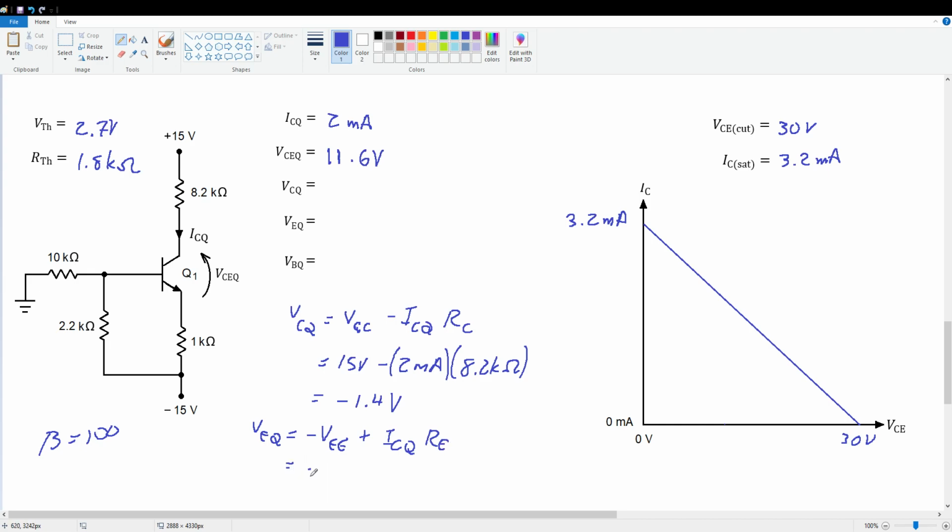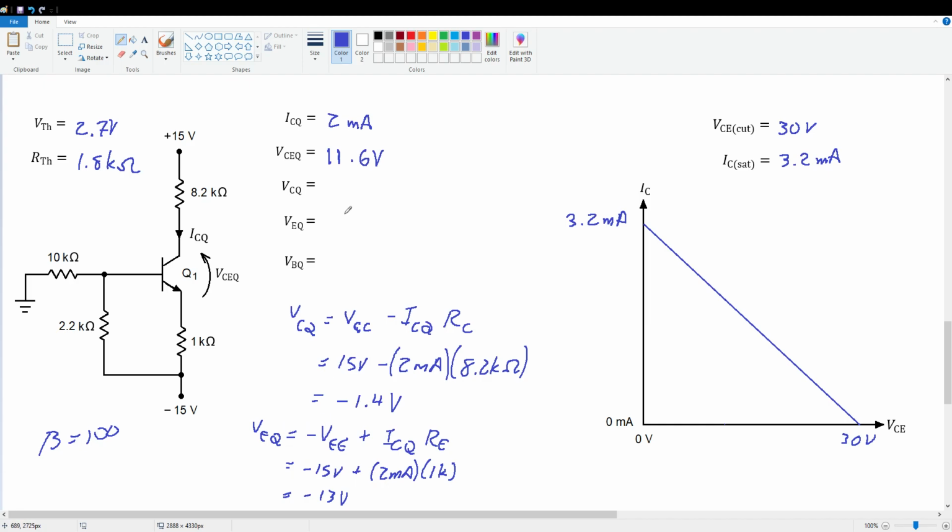That's negative 15 volts plus 2 milliamps times 1K ohm. 2 mils times 1K is 2 volts, so that's minus 13 volts. So our emitter is sitting at negative 13 volts with respect to ground.